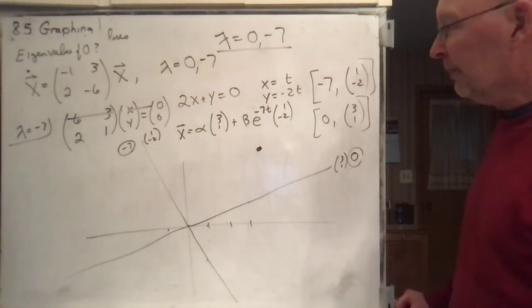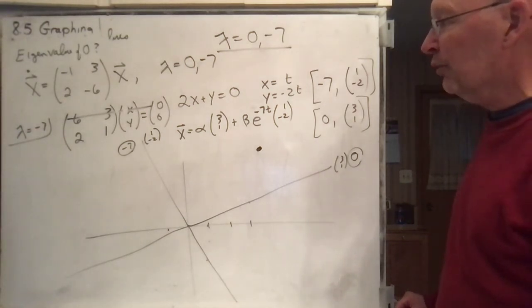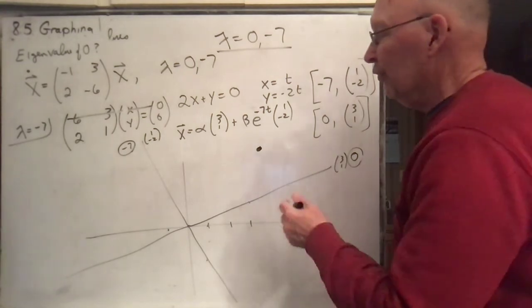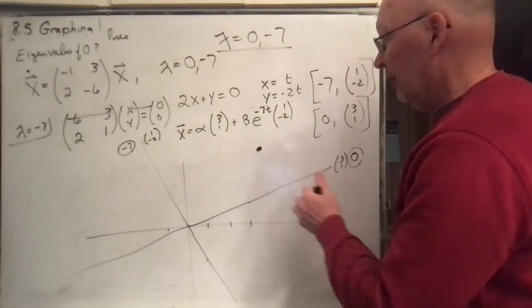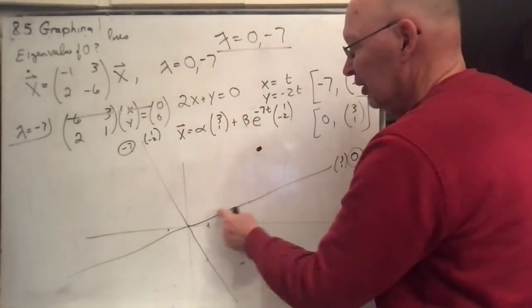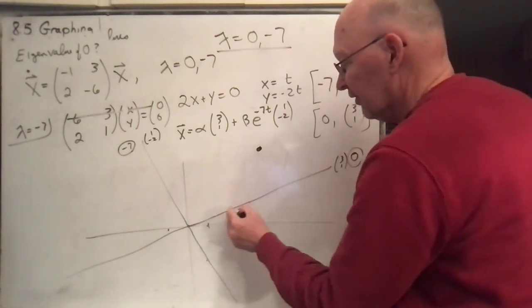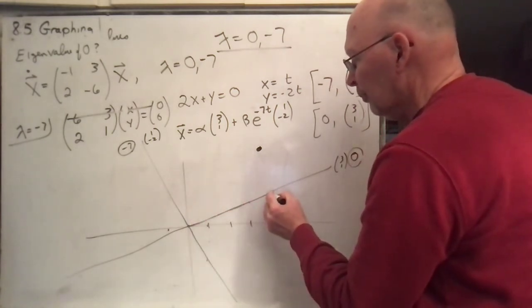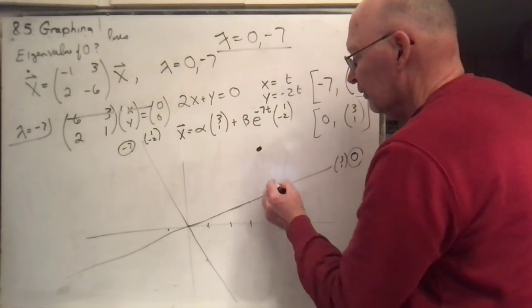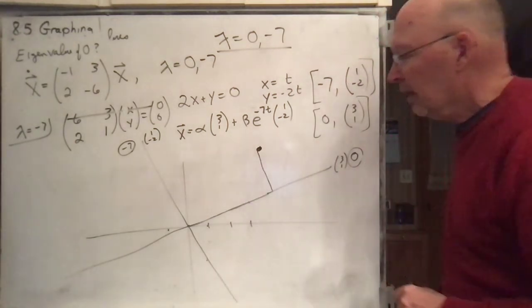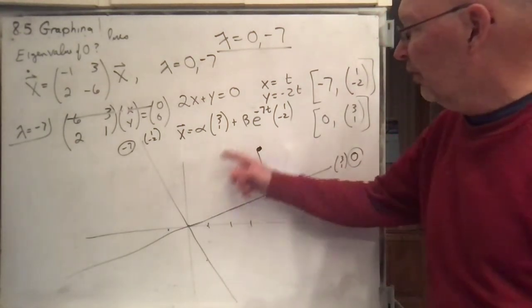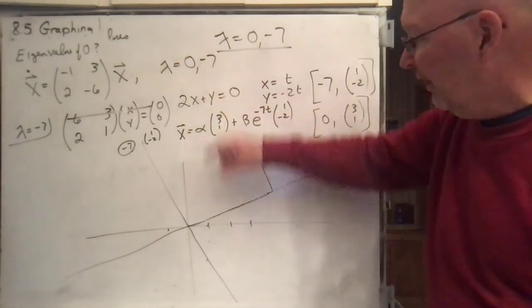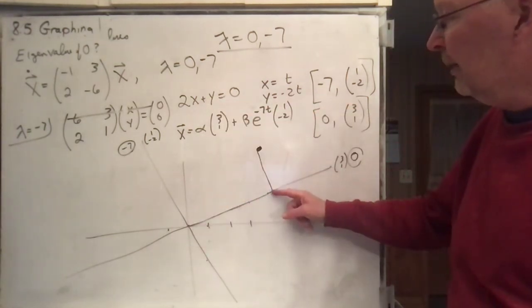And then what happens as time goes to infinity? As time grows, the 3, 1, this portion, you can kind of think of it like this. It's this vector. These are almost perpendicular to each other, not quite, and then this vector. Okay, so as time goes on, this portion right here is going to stay put.